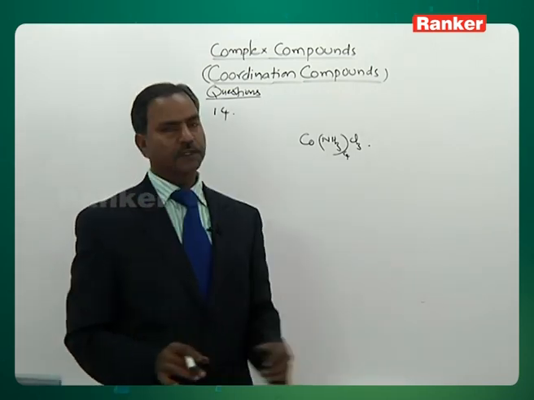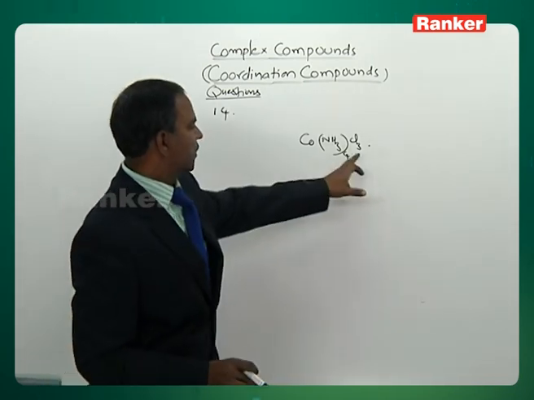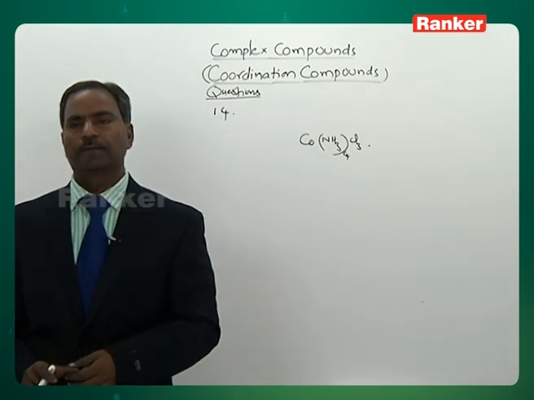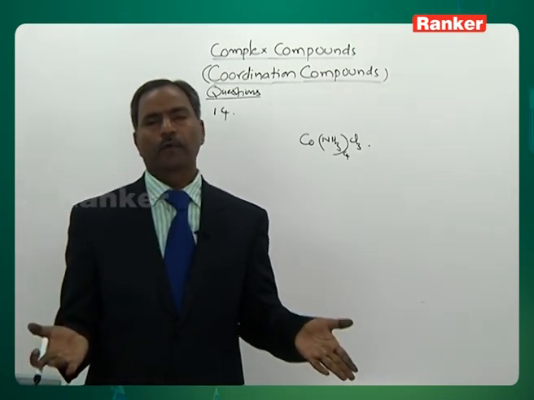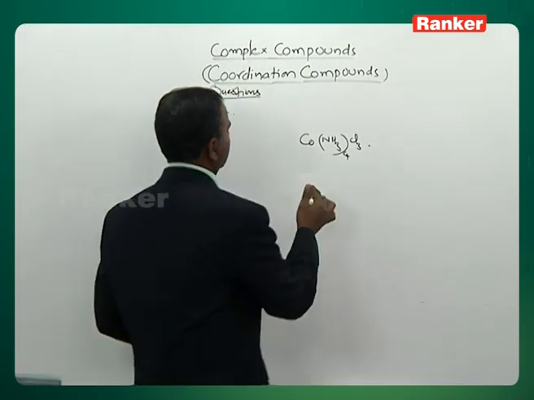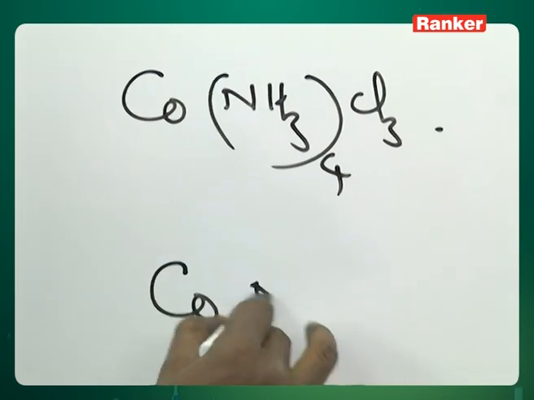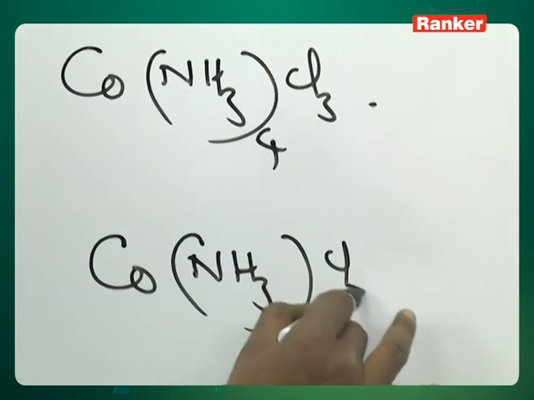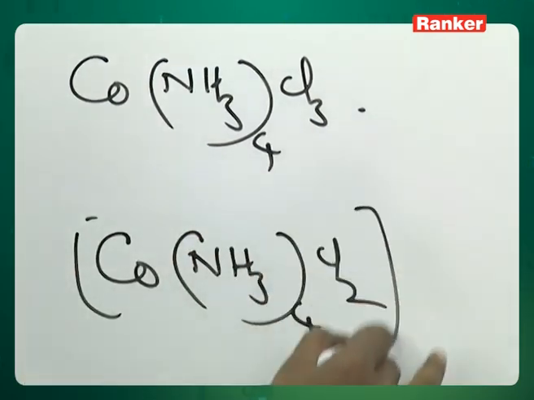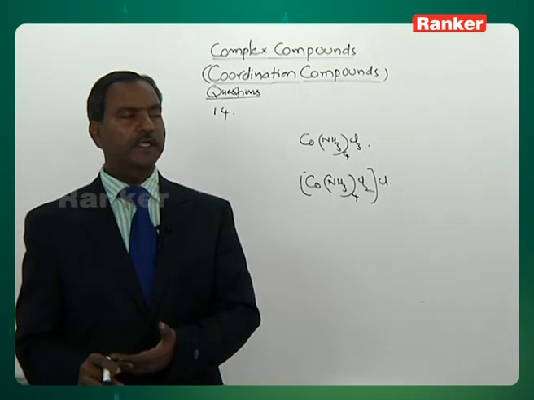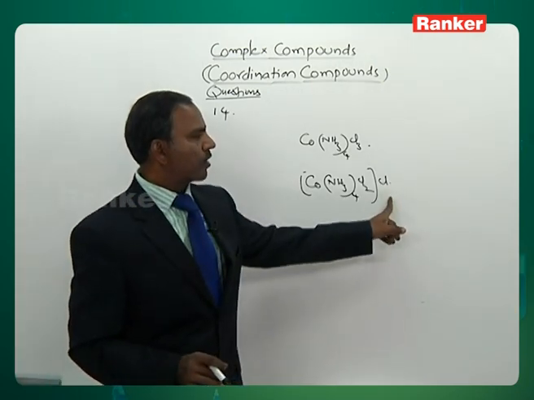Total ligands are what? 7. The cobalt oxidation number comes to be plus 3. Since 3 chlorides are there, cobalt is plus 3. Cobalt maximum coordination number with plus 3 oxidation number comes to be 6. This complex we can write like this: Co(NH3)4 Cl2, then outside 1. Number of particles: 1 chloride, 1 complex.